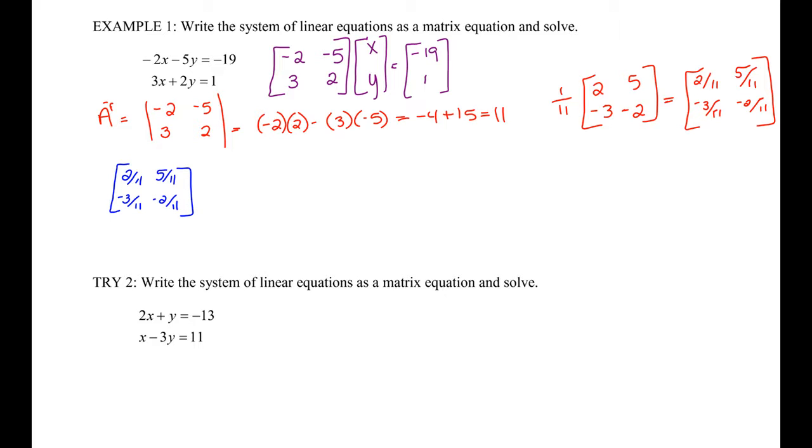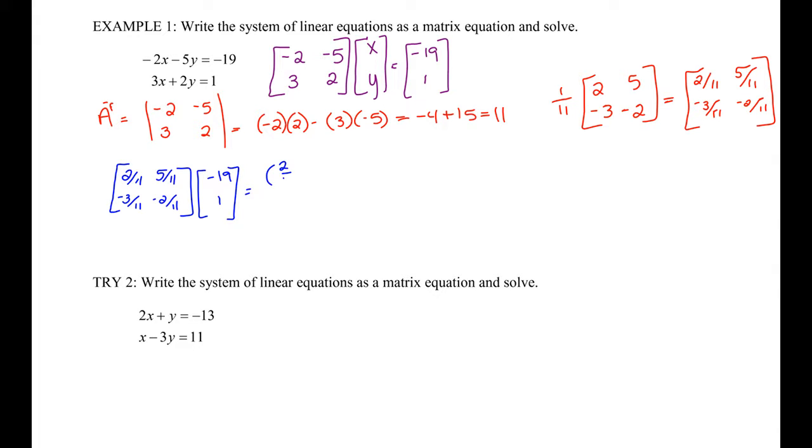Alright, I'm going to start by multiplying this by the right side of the equation, the -19 over 1, because we should know that if we multiply it by the left side of the equation, that we should be getting our identity matrix.